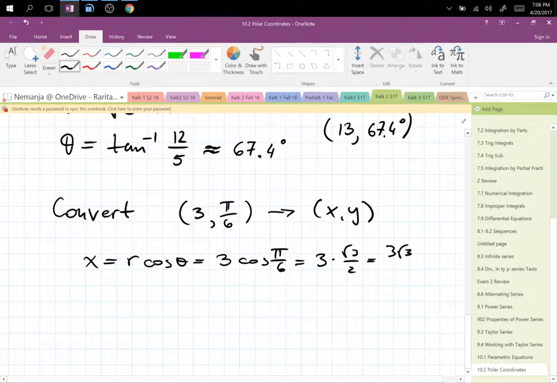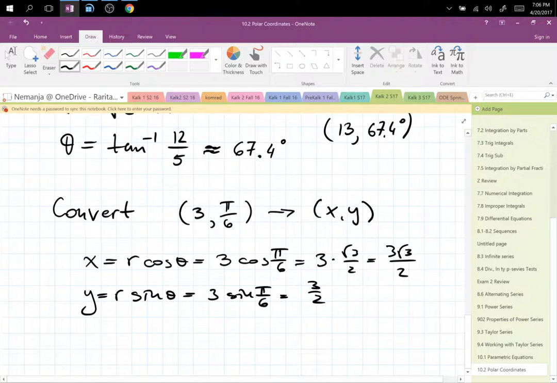So that's 3 root 3 over 2, which you can actually crank as decimals if you care. And y is r sine theta, which is 3 sine pi over 6, which is 3 halves. So the answer for this one is 3 root 3 over 2, comma, 3 halves. And you can go and get your decimals if you want to.